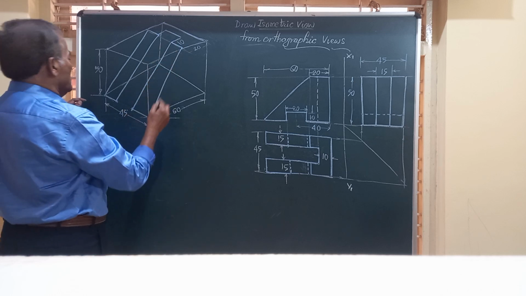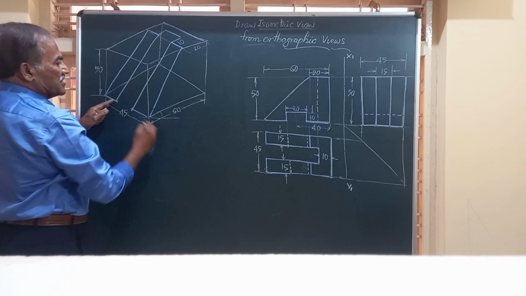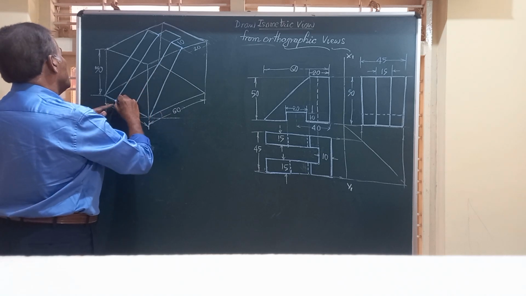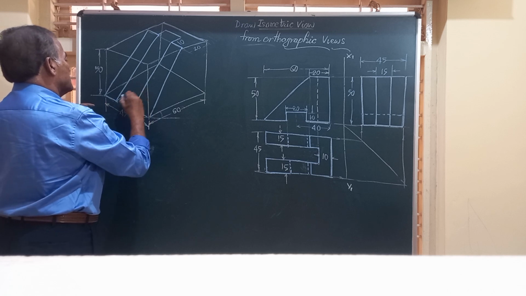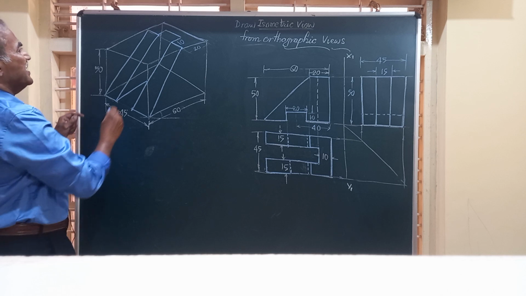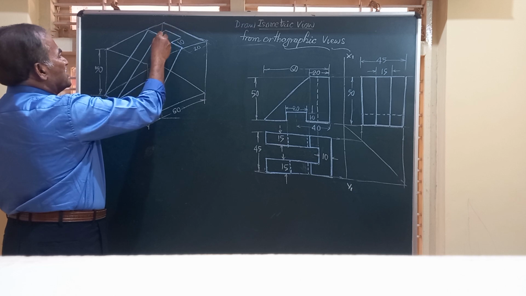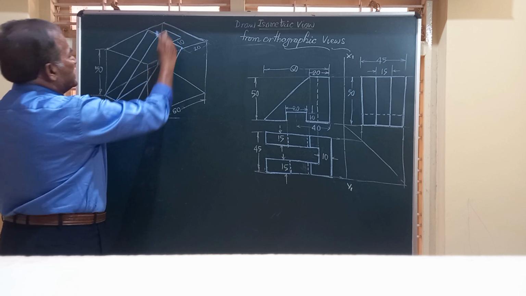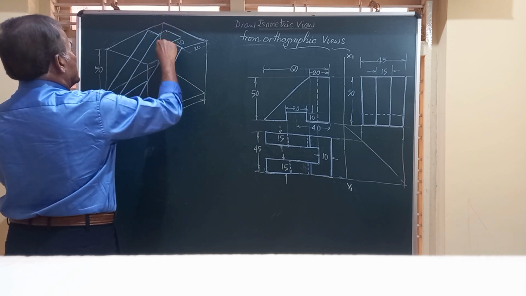Friends, now you can see from this corner you have a slot here like this. So I am going to draw a line parallel to this base through this point and it will cut somewhere here. And again from this corner I am going to draw a vertical line, parallel to the vertical line here.